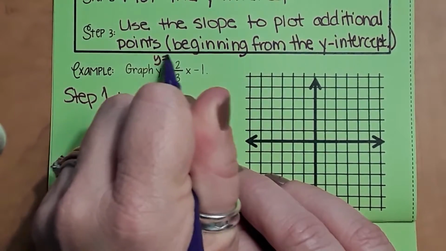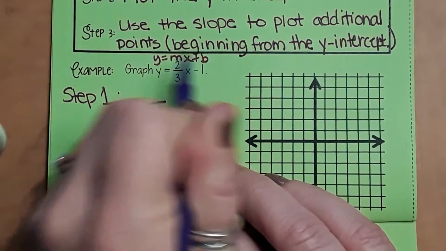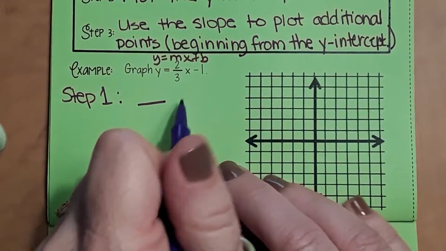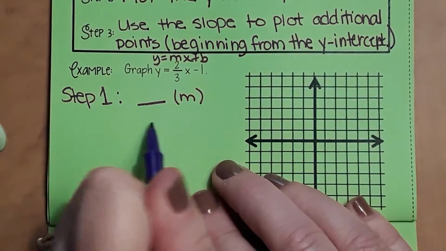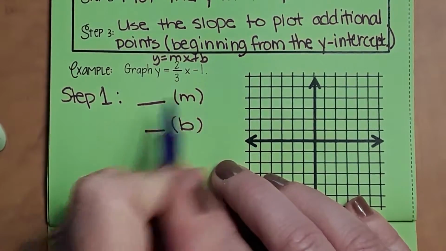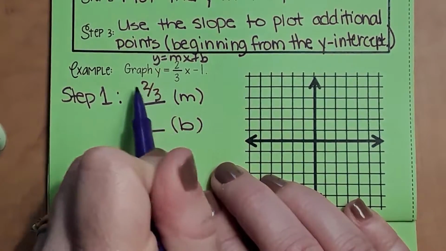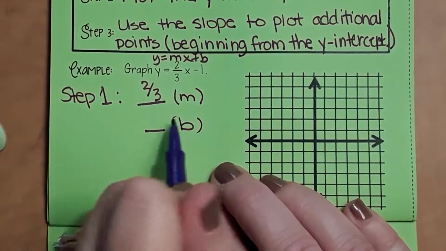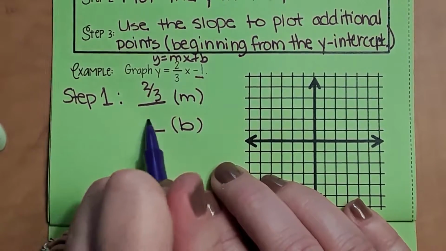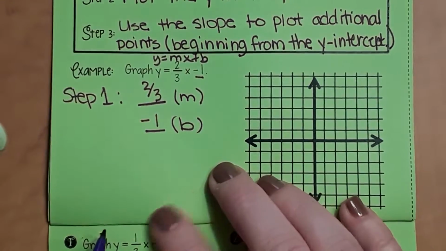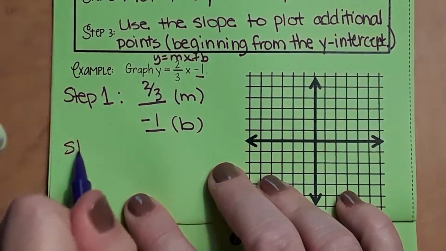If you can, you write on top y equals mx plus b, and you're going to do a matching game. So we're looking for our m, our slope, and our b. Our m in this case is 2/3, meaning a rise of 2 and a run of 3, and our b is a -1.